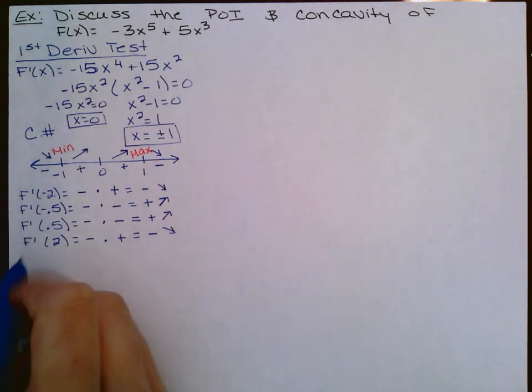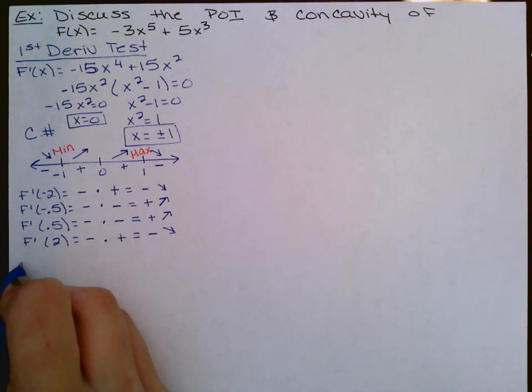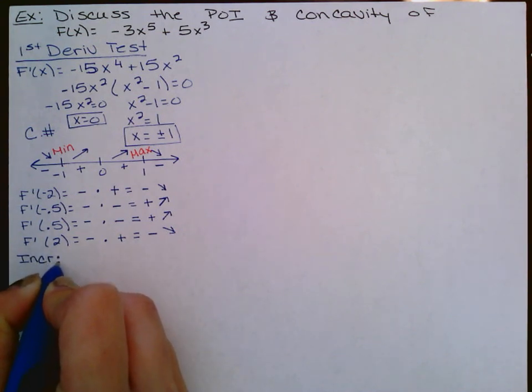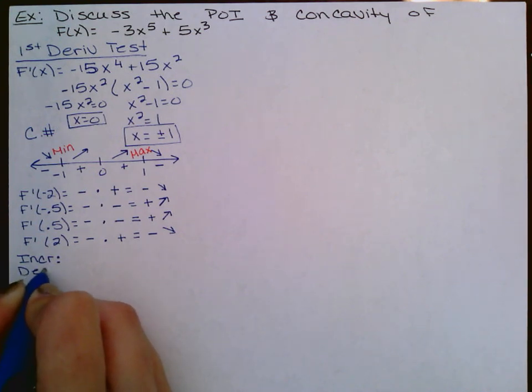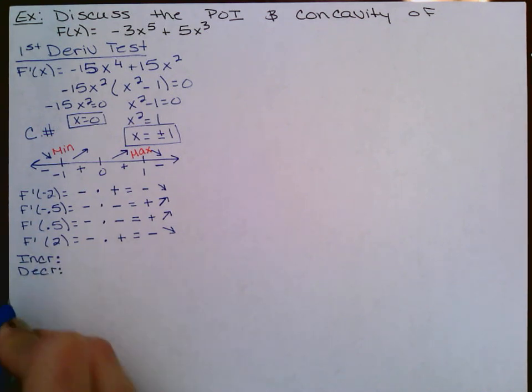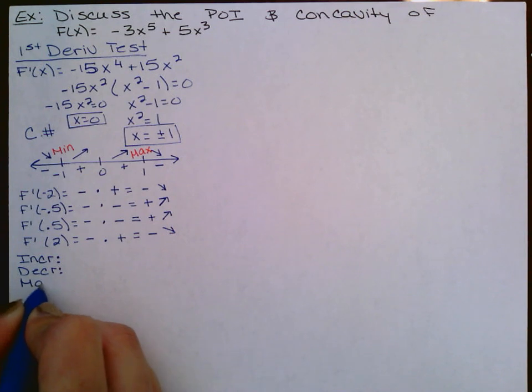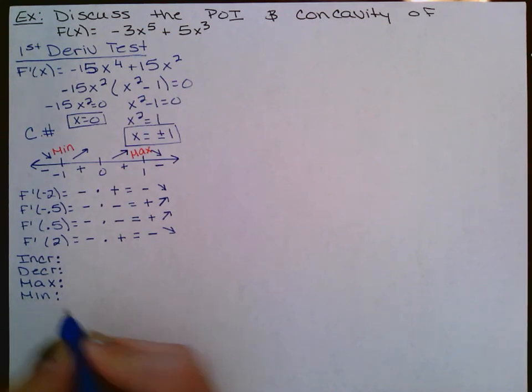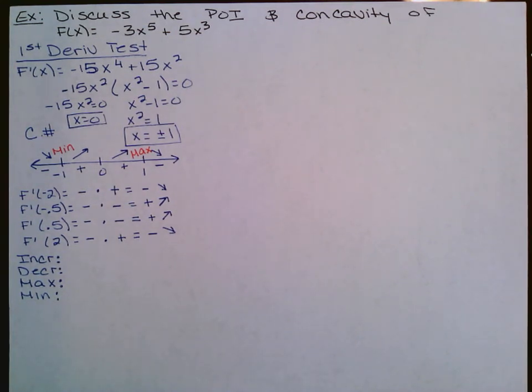So let's write, it doesn't really matter what order you put this part in. Let's write our intervals of increasing, of decreasing, and at this point I do have a max and a min.